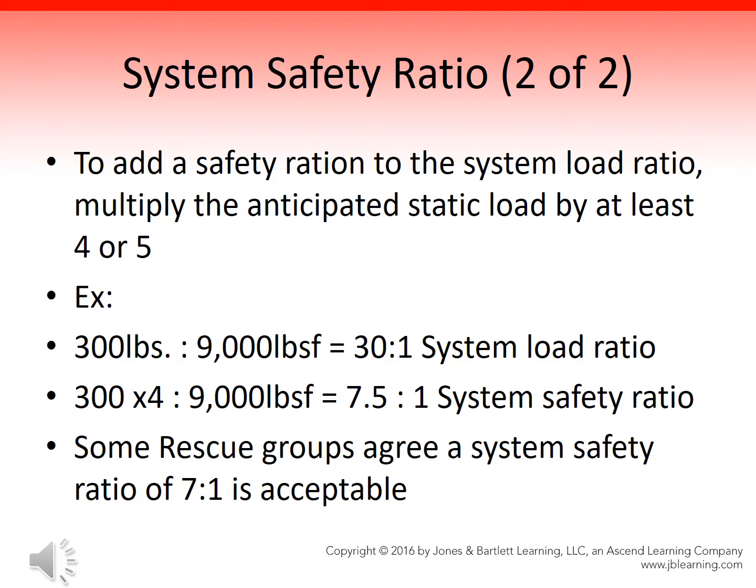So now we're talking a 1,200-pound load with our 9,000 pounds of capability. So that now changes our system load ratio to a system safety ratio since we've multiplied in that safety ratio. And that changes our ratio from a 30 to 1 to a 7.5 to 1 system safety ratio. Some rescue groups agree a system safety ratio of 7 to 1 is acceptable.